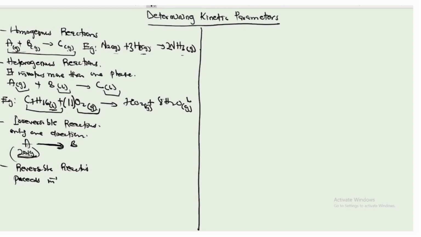Reactions can only proceed in a maximum of two directions, either the forward direction or the backward direction. But with the reversible reaction, both occur at the same time. So we can have A going reversibly to B. In this case, A is forming B, and at the same time B is also producing A. This is how the reaction occurs.